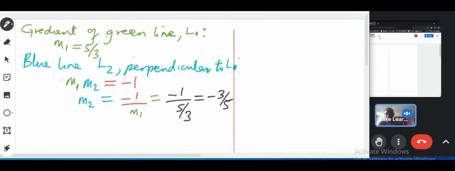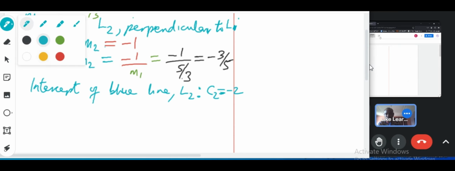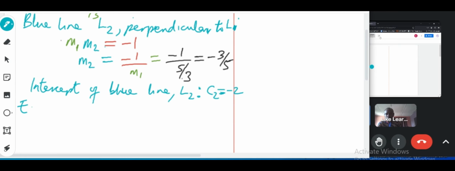We know the intercept of the blue line L2, C, or C2 if you like, is equal to minus 2. So give me the equation of the blue line. Y equals 5 over 3x minus 2.